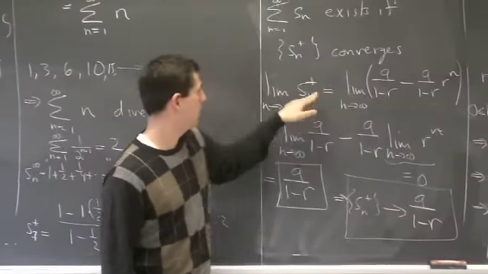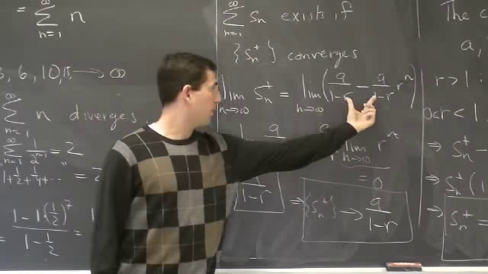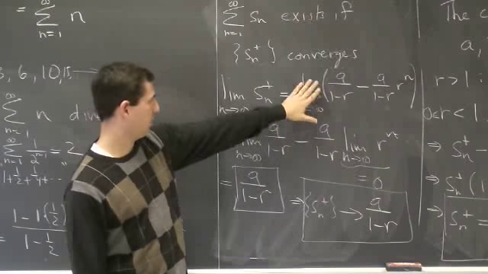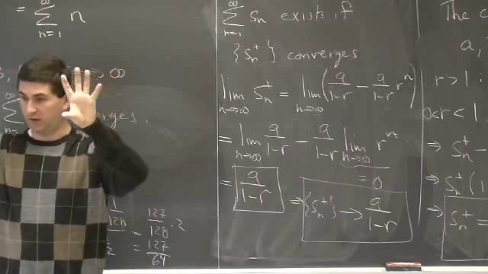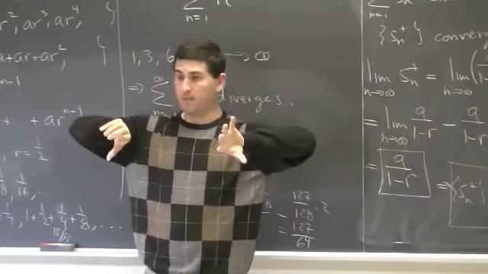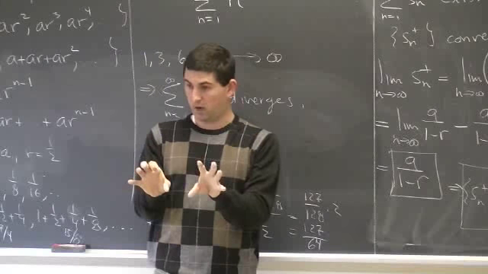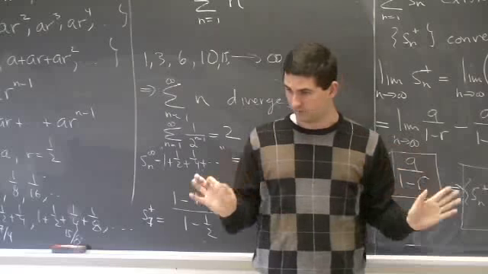To the next line? So I wanted to break up this limit. What I did is I said, okay, the limit of a difference, if I have two sequences, and I take the limit of them both, I can break it up, but only if both sequences will converge when I break it up. Okay? So first I had to say, okay, this is a constant sequence, so it converges.